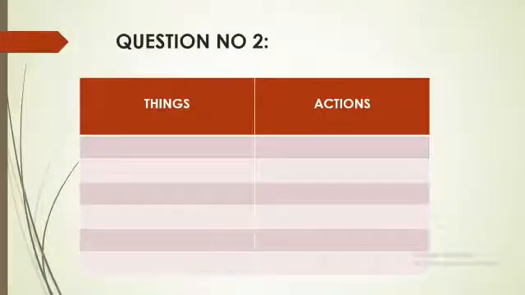Our question number 2 is to separate these words in things and actions. Our first word was shoe. Shoe is coming in things. Shoe is a thing, name. Playing. Playing is an action.